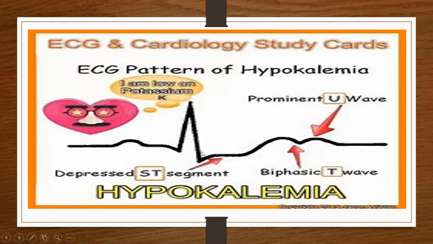You're still going to have your flattened T wave. Remember, with hyperkalemia, we have that tall spike with the T. And now with hypokalemia, we're seeing that prominent U wave.